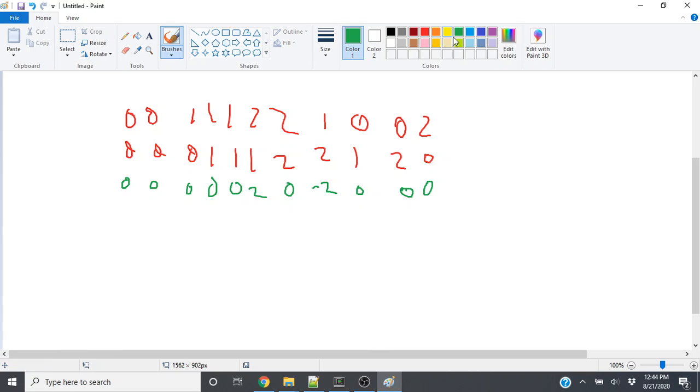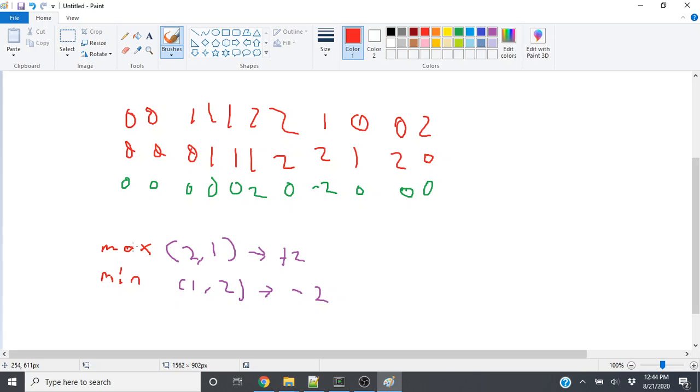So as it turns out, there are only two interesting cases: a pair with 2 and 1, which gives you plus 2, and a pair with 1 and 2, which gives you negative 2. So you want to maximize these and minimize these. How do you do that?